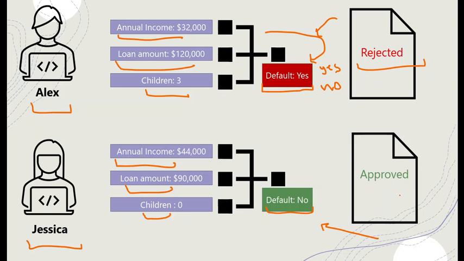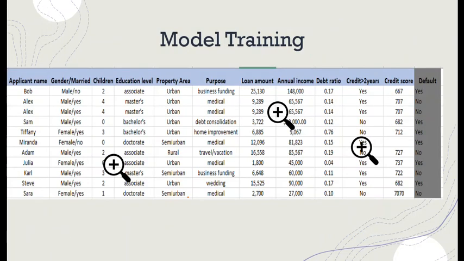All right. Now you might be wondering, how would the model know whether a specific person will default in the future or not? This is basically done through training the machine learning model on some past data we have in our database, right? So this is some data. We feed it into a machine learning model.